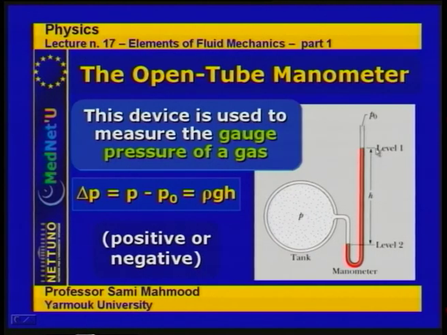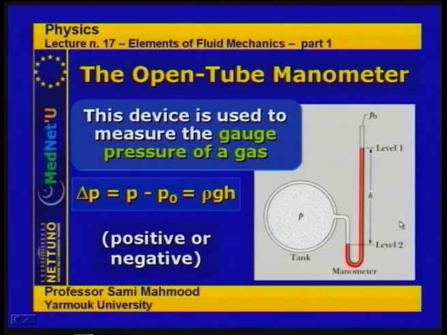So we have level 1 at atmospheric pressure P naught, which is the upper level in the second part of the U tube. And level 2 is at the level where the gas is in contact with the fluid in the U tube. So setting these quantities in the previously developed equation, we can set Y1 equal to H at this point, and we can set Y2 equal to 0.